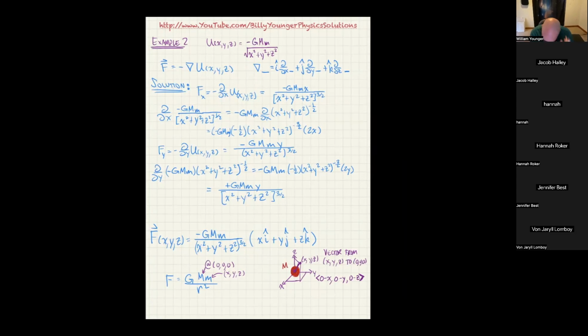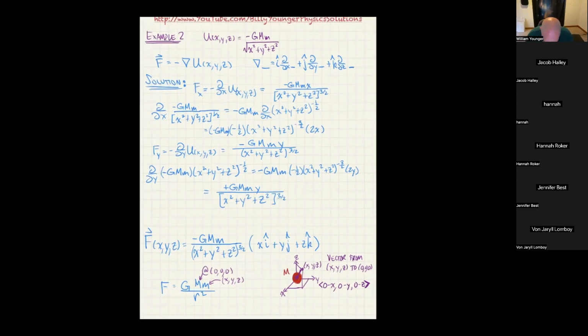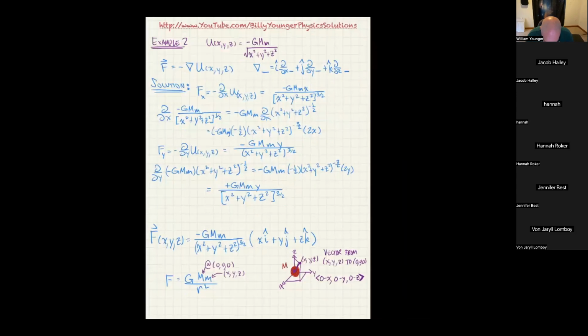But if I wanted to make the force GMM over R squared, that's the magnitude, into a vector, I could multiply it by this vector, but then the vector's magnitude would increase the magnitude of the force. So what I really want to do is multiply it by a unit vector. So this vector I might call negative R vector.